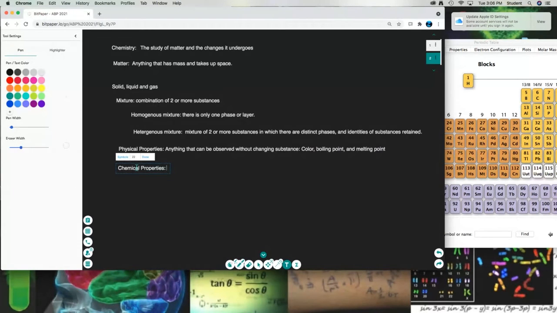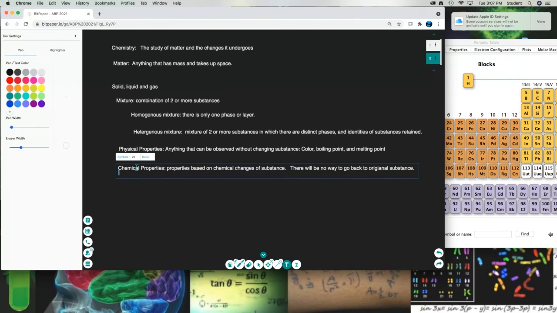So here we're going to be looking at properties in which something is going to actually undergo a change. So there will be no way to go back to the original substance.